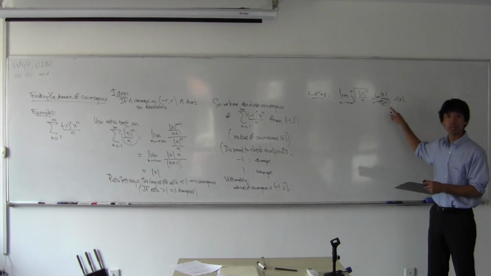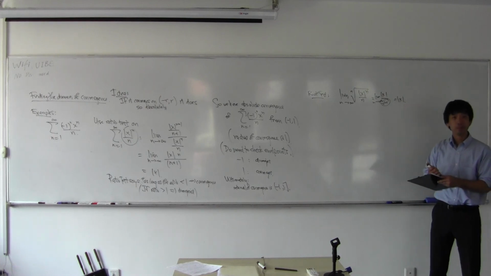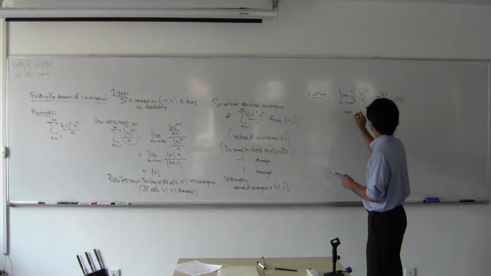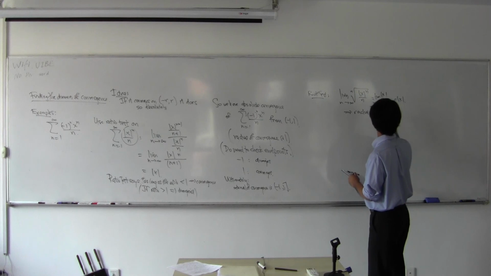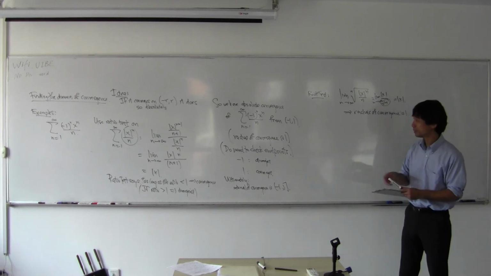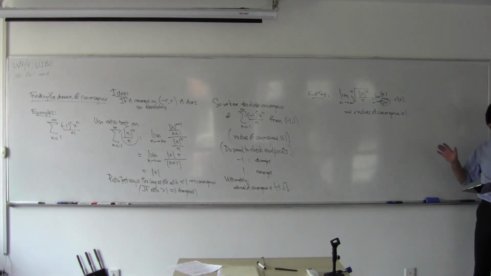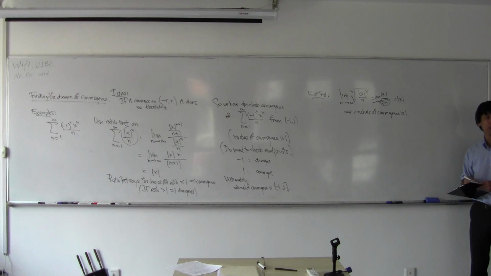Same thing. You're going to get the radius of convergence is 1. And it should be, right? Because we already saw that it was 1. So we see that you get the same answer from a different method.